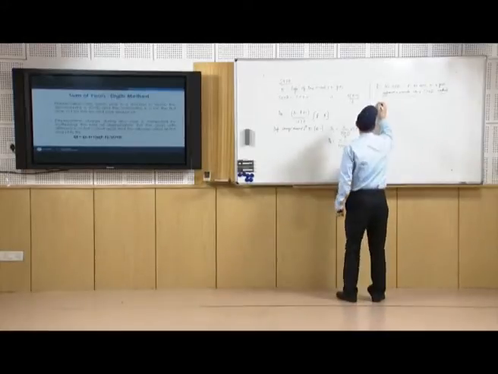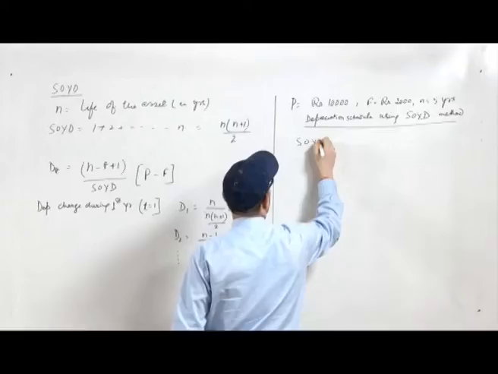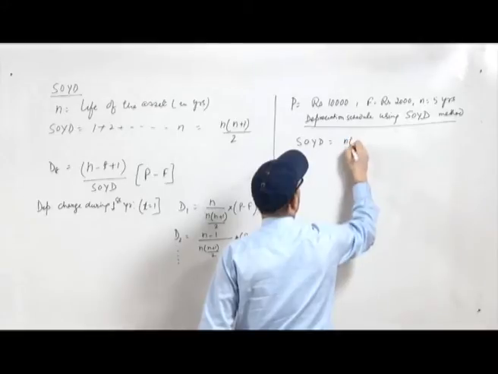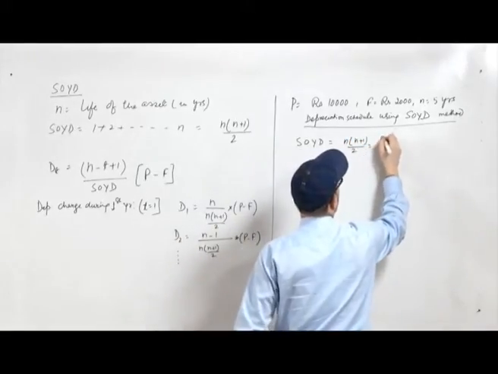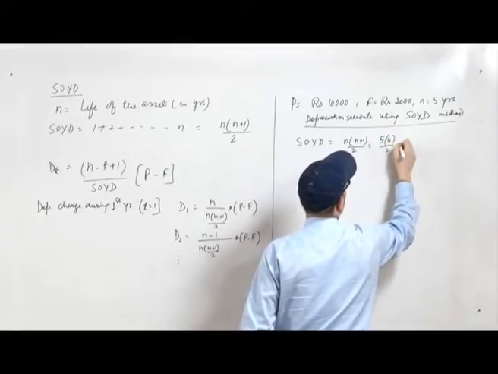We know that SOYD will be n into n plus 1 by 2. So, that is 5 into 6 by 2, which is 15.